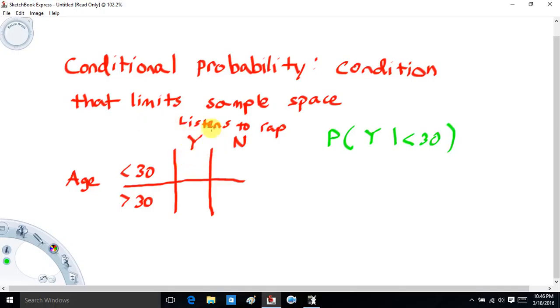Well, when you're given this information in what is called a two-way table, you're going to have to somehow limit the sample space. So since we're given that the person is under the age of 30, we're only concerned with this group right here.